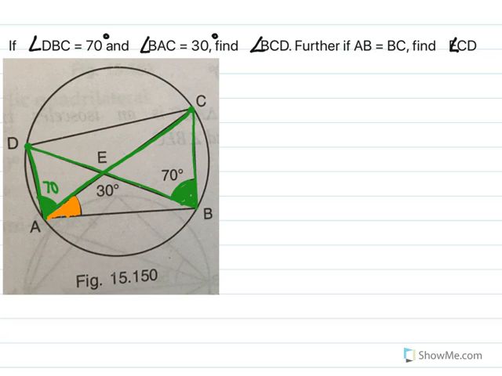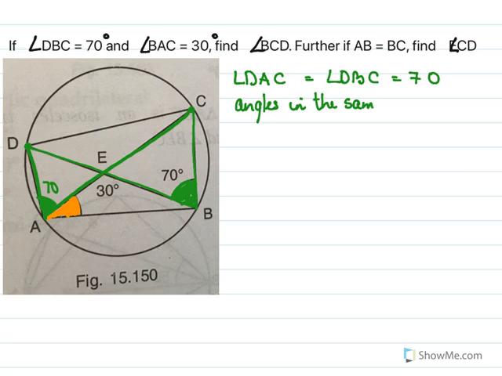So that will be our first step. So we'll write angle DAC equal to angle DBC equal to 70, angles in the same arc.